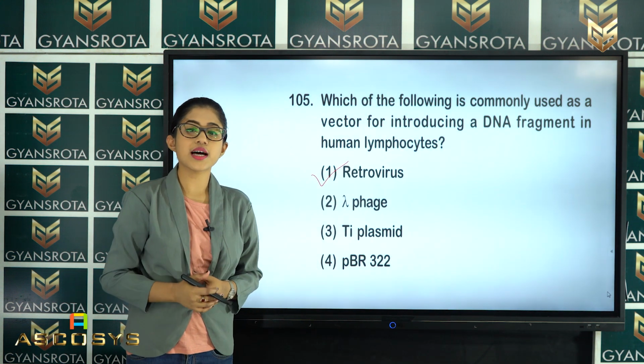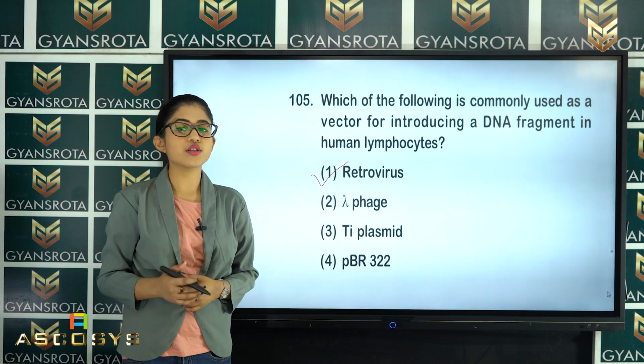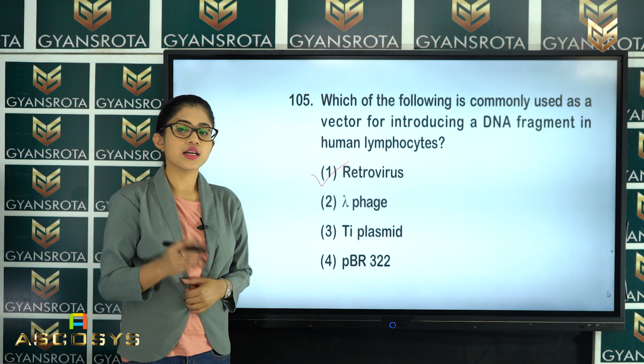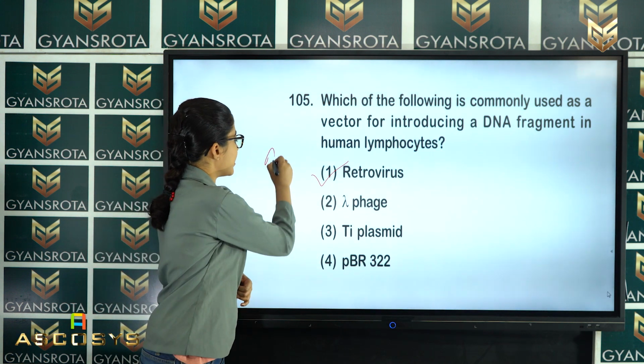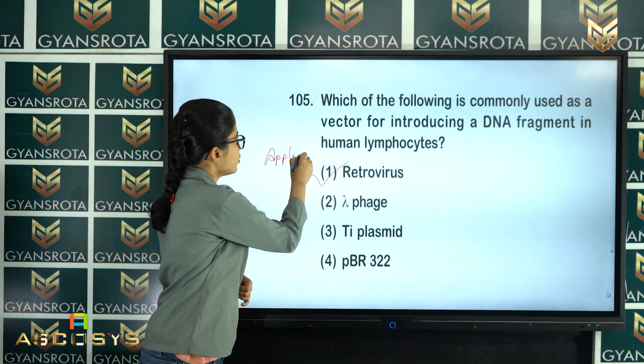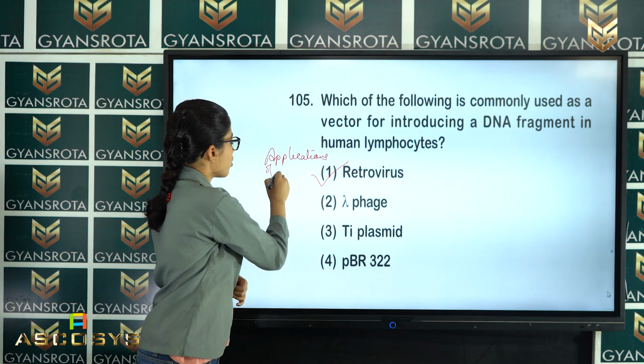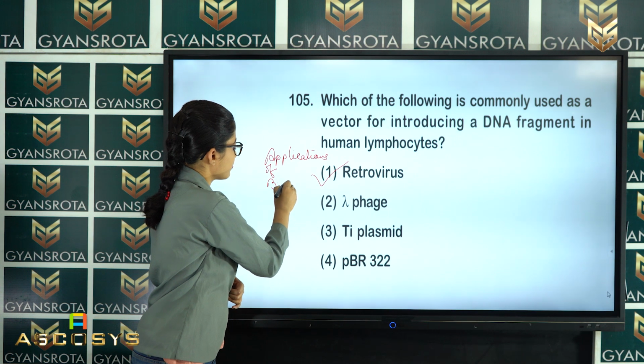So retroviruses are the type of vector which is used for introducing DNA fragments in human lymphocyte. That is from the chapter Applications of Biotechnology. There you will get this term, right? Applications of biotechnology.